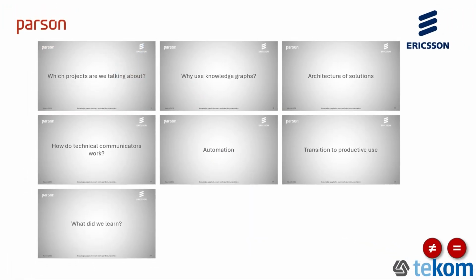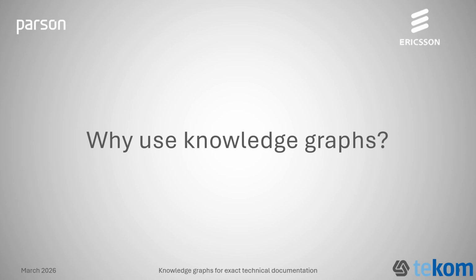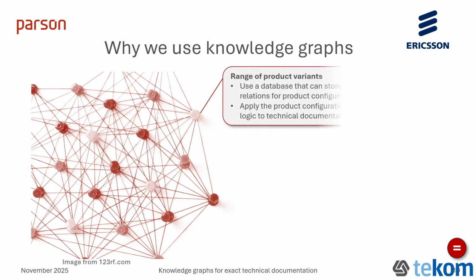Now let's start with the comparisons. So why did we decide to use knowledge graphs? I mean, we could use any CCMS or whatever, or just metadata. But one problem is the range of the product variants. These are highly complicated. So you have different combinations, and then you have exclusions and inclusions.